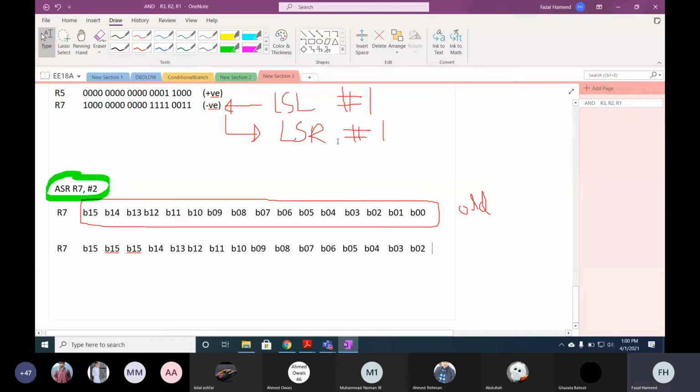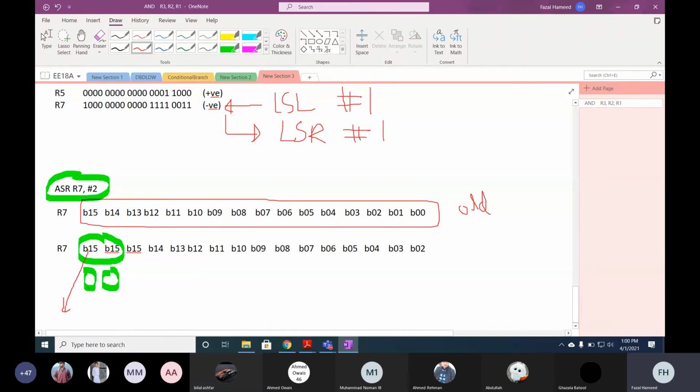Right or not? In the previous example, what were we inserting from the right-hand side? Two zeros. But in this example, what are we inserting?